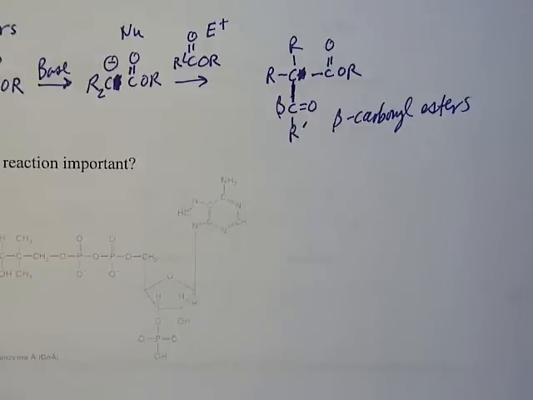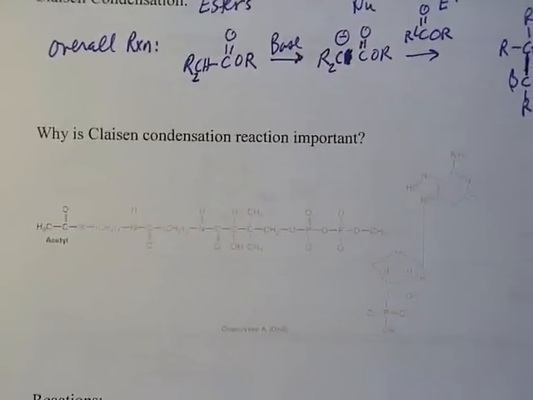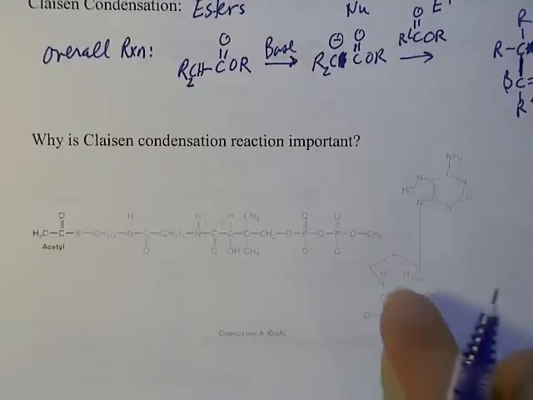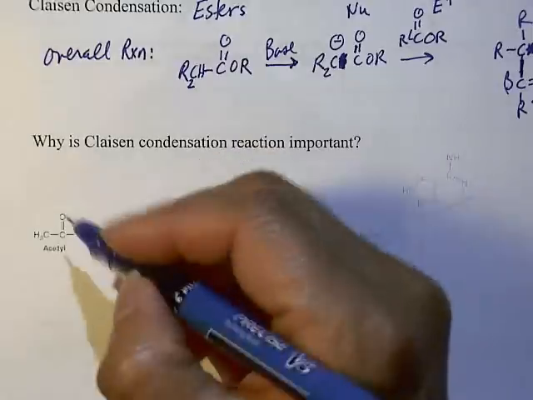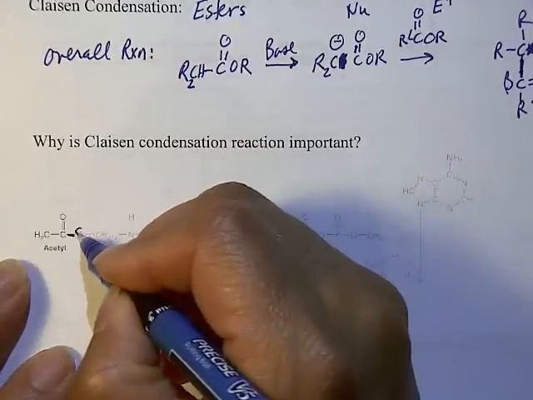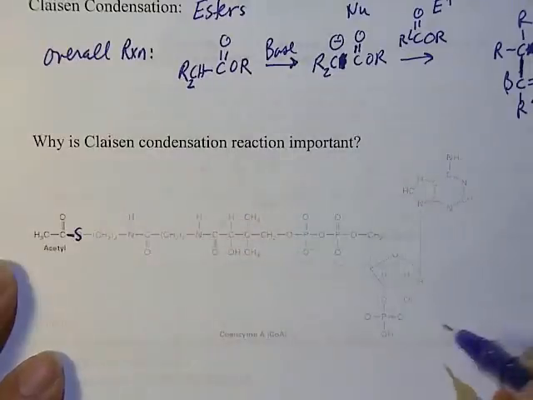The common source of carbon atoms is acetyl-CoA, which is a thioester of acetic acid and a thiol group of coenzyme A. I believe I showed you this before, and sorry this is so faint. But basically the important part is the acetyl part, and notice that it is attached to this thio group, and this whole thing is a coenzyme.